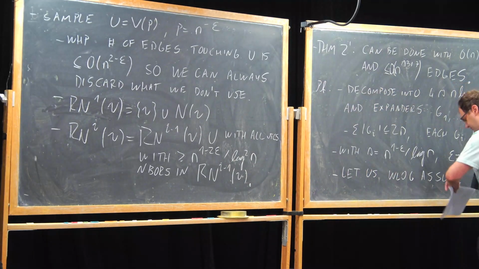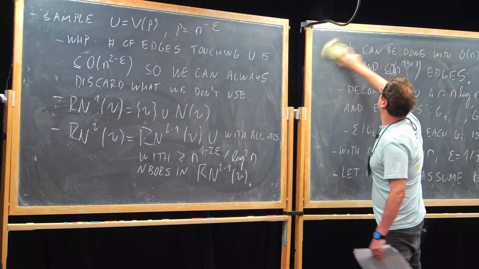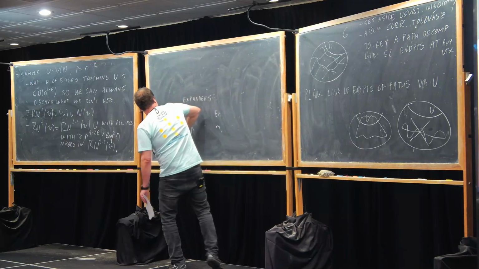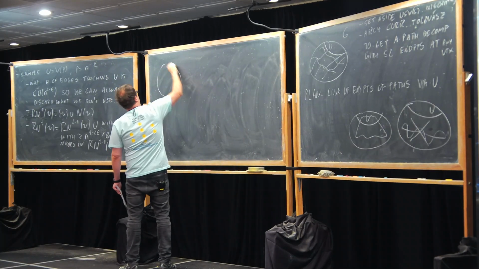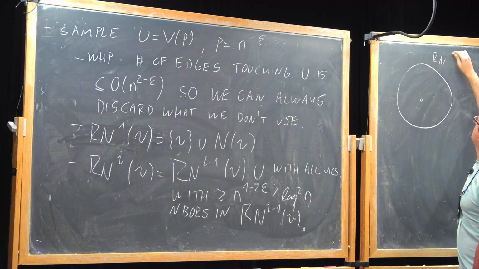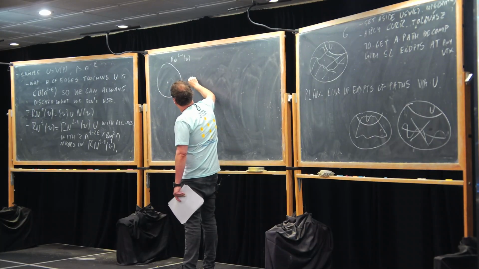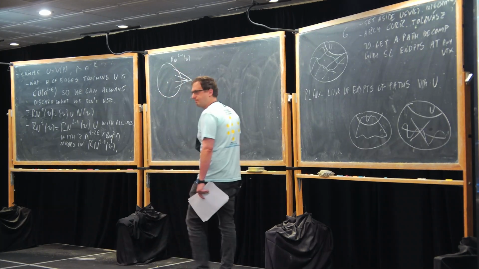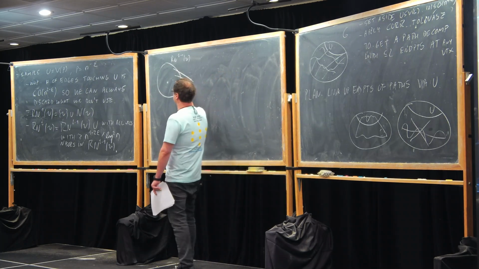Let me draw a picture. So we have our current robust neighborhood. What I want is to add only vertices which connect in many ways, so they are hard to disconnect from the previous robust neighborhood.